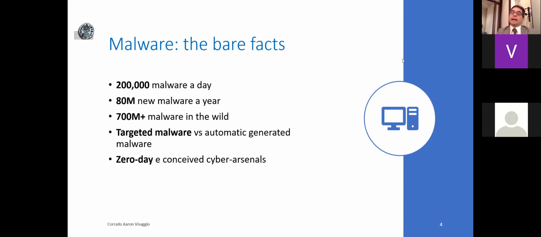If we add new malware to old malware, we obtain around 700 million malware going around the web and the networks in general. This is really a huge volume, and this is the real problem that we have.